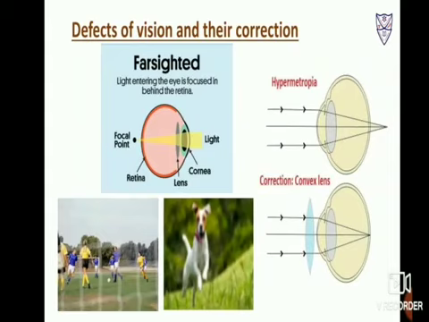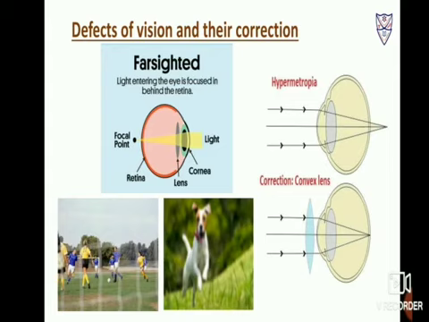Now next is farsightedness. A person with hypermetropia, or farsightedness, can see distant or far off objects. You can see in the image, he can see a distant object but he cannot see a nearby object distinctly. Distinctly means clearly. Here the image is falling behind the retina and not on the retina.